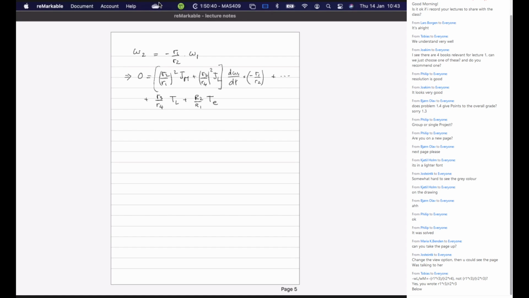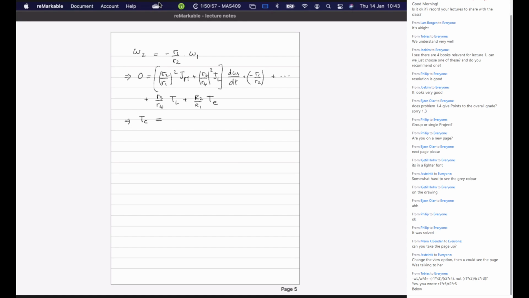And now if we want to get TE, then we multiply by R1 divided by R2. So I move the rest on the right here.